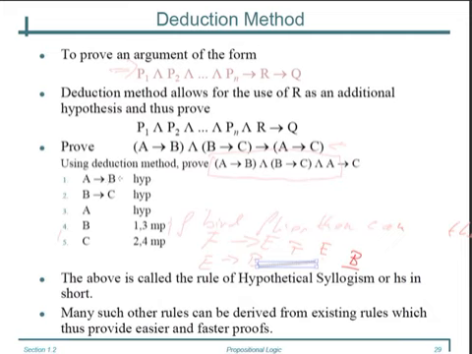Our first hypothesis, A implies B, B implies C, and A. These are our three hypotheses, and all of them are connected with a logical AND.